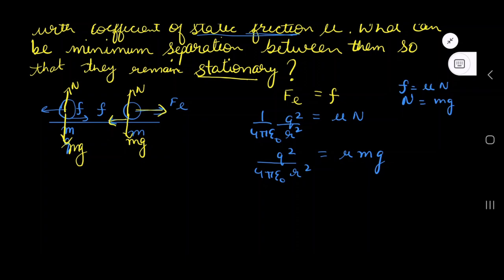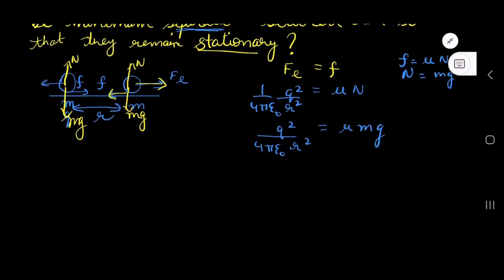So now we have to find the minimum separation. Separation means we have to find the minimum distance between the two charges, which we keep as x or take it to be r, any variable you can take. So let's find the value of r, and that will be equal to r equals q square upon 4 pi epsilon naught mu mg, the whole to the power 1 by 2.